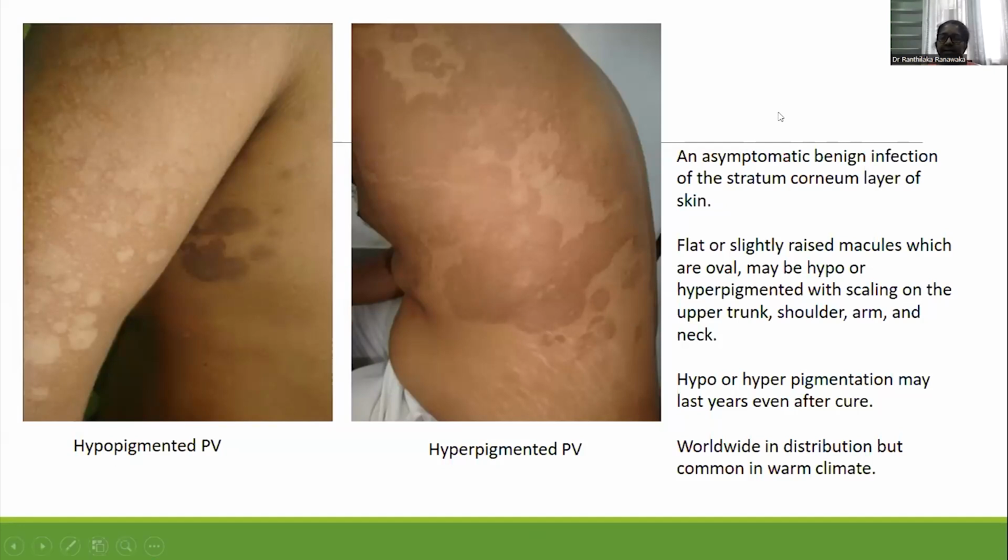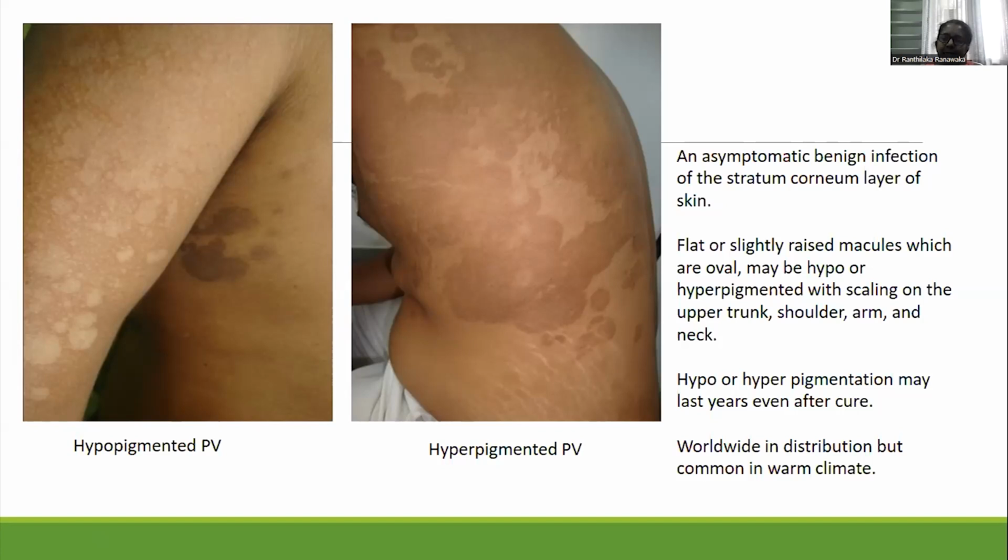It is mostly asymptomatic, and it's benign. It affects only the stratum corneum. It is usually flat, but you may sometimes see it slightly raised because it's a fungus.